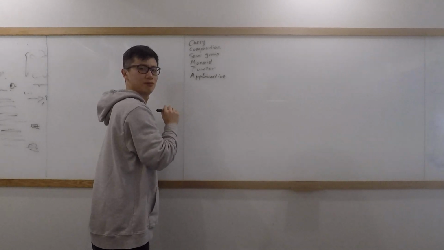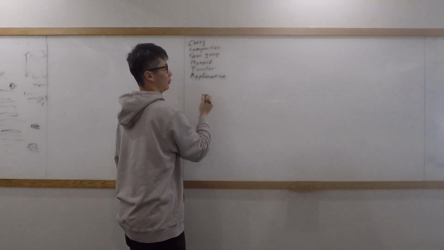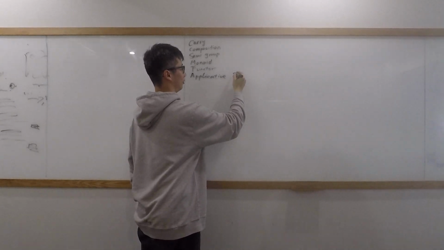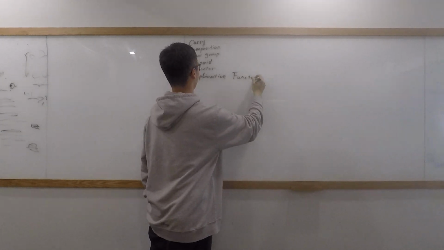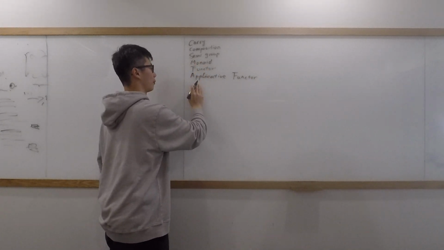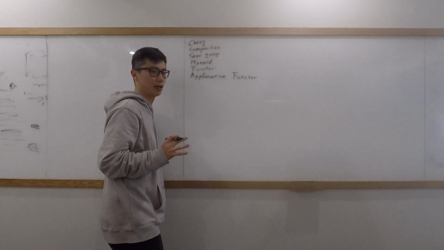How to spell it? Am I right? Yeah. Right. Usually, sometimes people, especially in academics, call it applicative functor because applicative is a functor. I'm just listing names, the things we will talk about in this class.